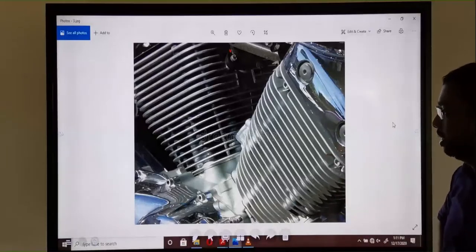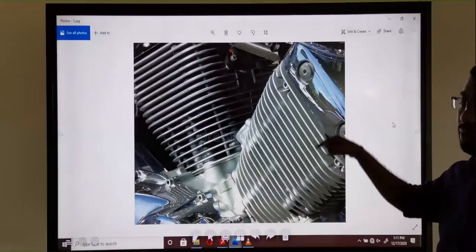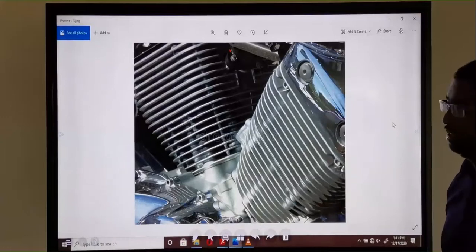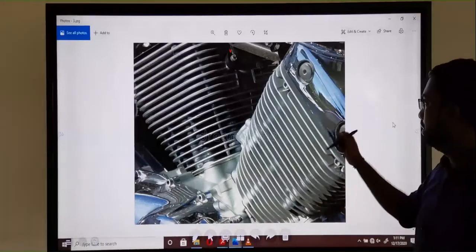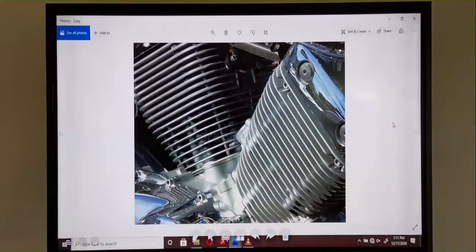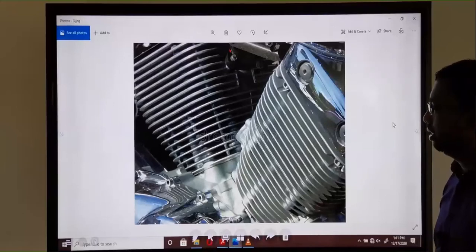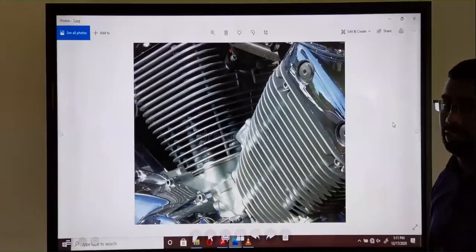You can see this widely used in motorbikes and car engines. Because of this arrangement, the excess heat is released from the engine to the atmosphere very easily. So this motivates the cooling system.